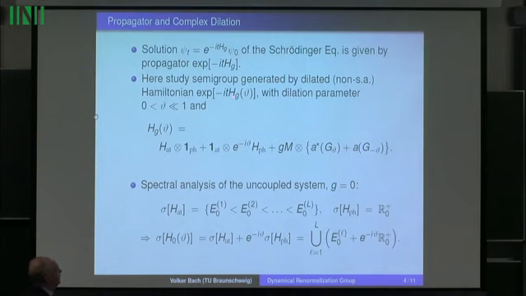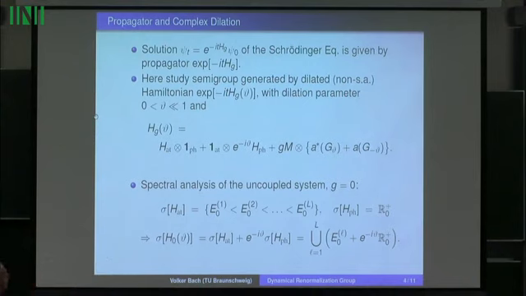And theta is a real parameter, but it enters the definition of H_g of theta in such a way that H_g of theta becomes non-self-adjoint if theta is non-zero.